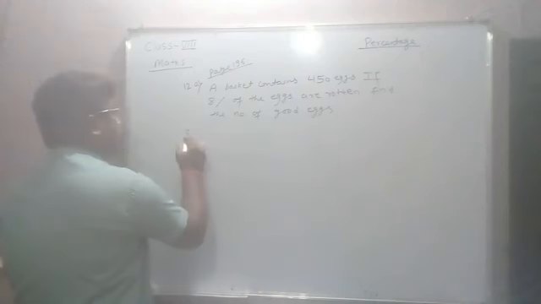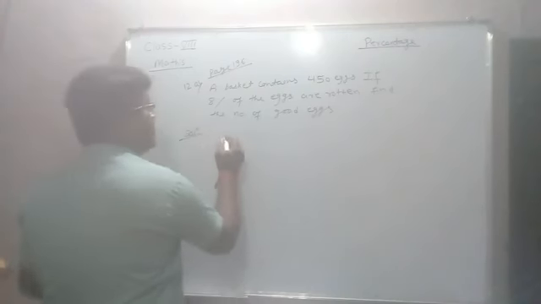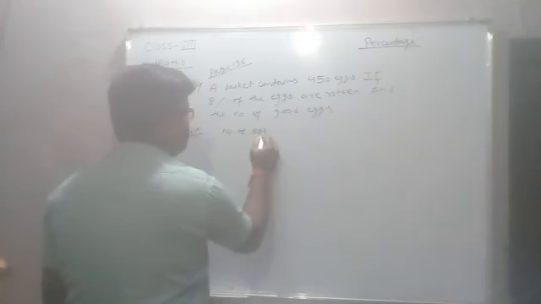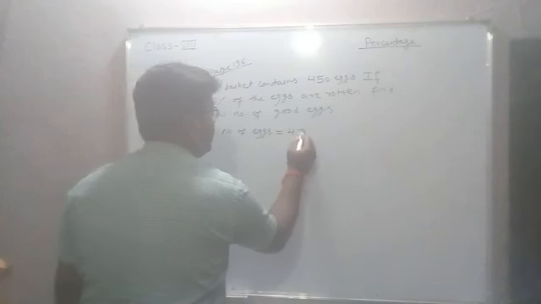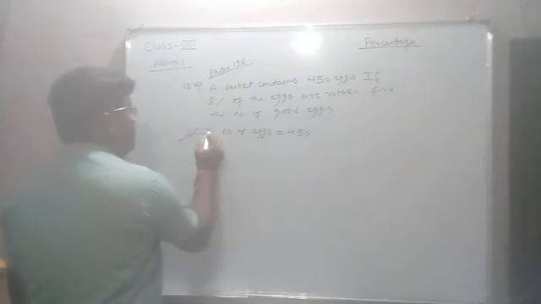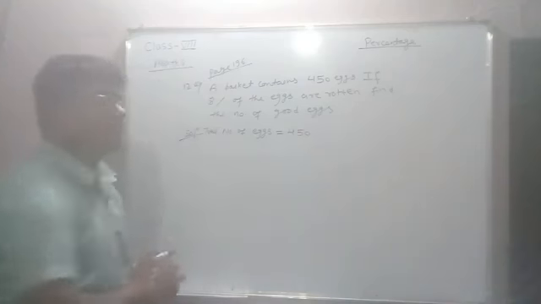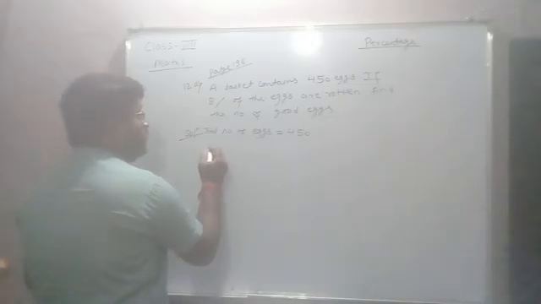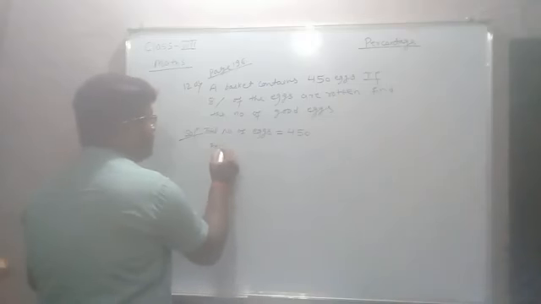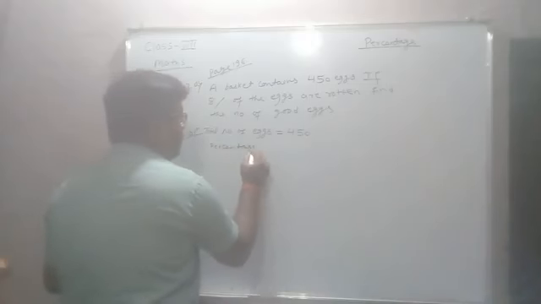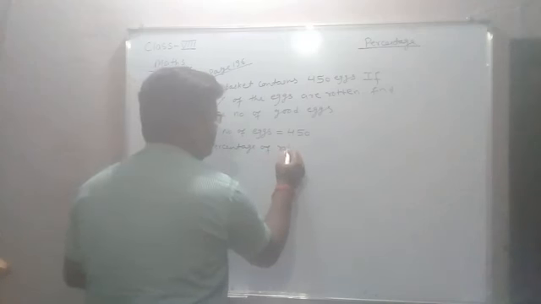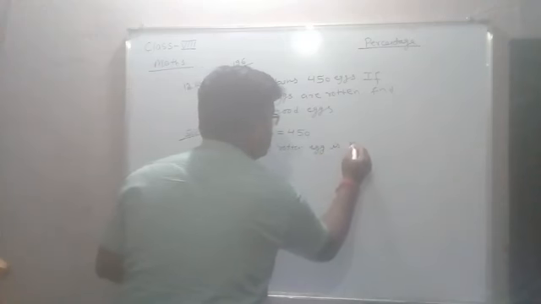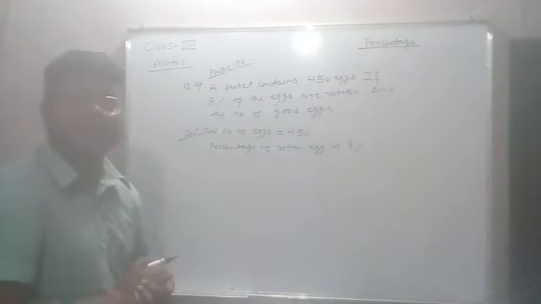So, the solution. Here the total number of eggs is 450. This is your total number. The percentage of rotten eggs given to us is 8%.